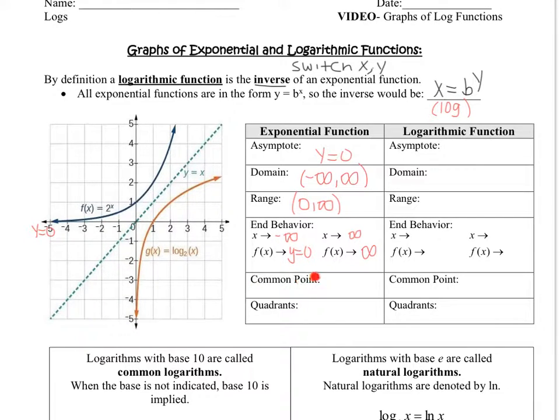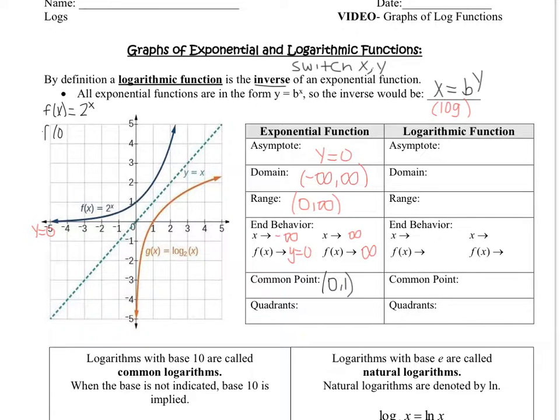Now, common point. What do I mean by that? A common point is a point that all exponential functions will have in common. Exponential functions will all go through the point (0, 1). And let's show you why. This example right here is the graph y equals 2 to the x power. So if x is 0, I want to know what y is. f of x is equal to 2 to the x.